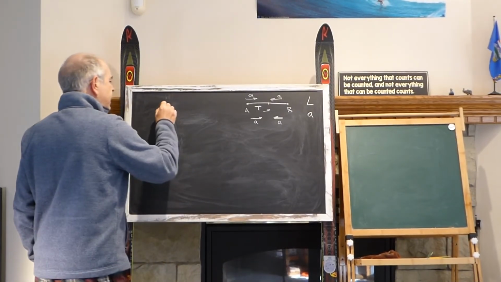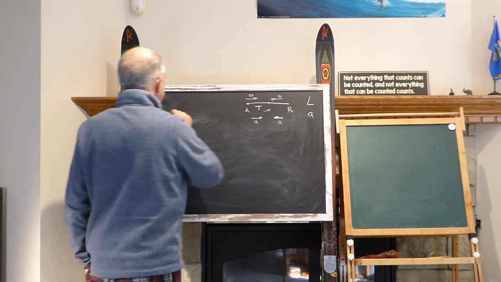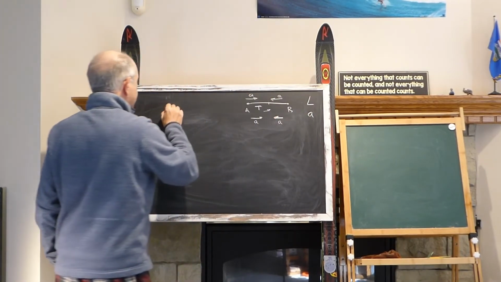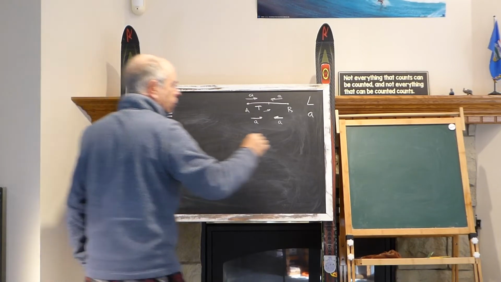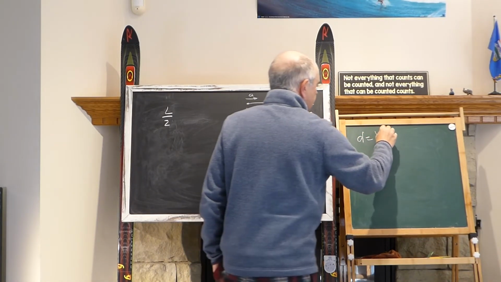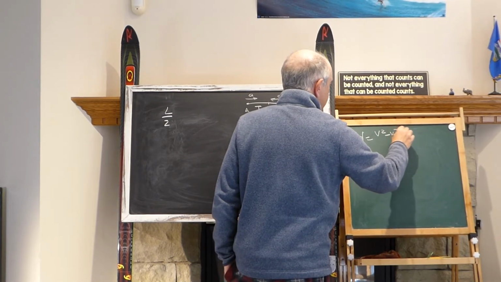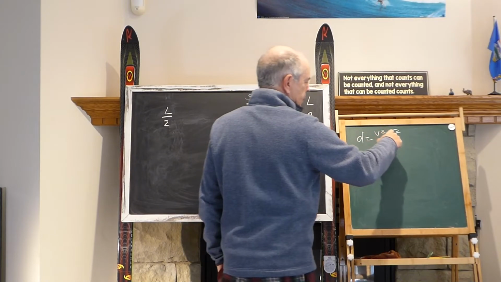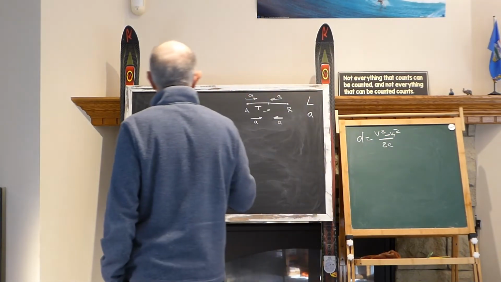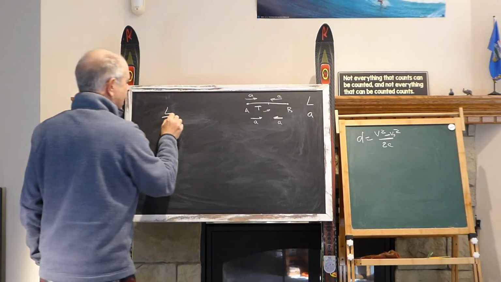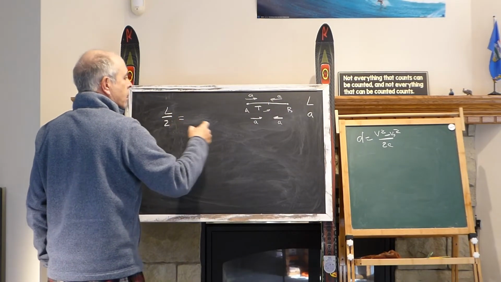But remember, we derived the formula that distance equals V squared minus V0 squared over 2a. This is final, this is initial. So in this case, the distance, and I'm talking about this distance, is L divided by 2.